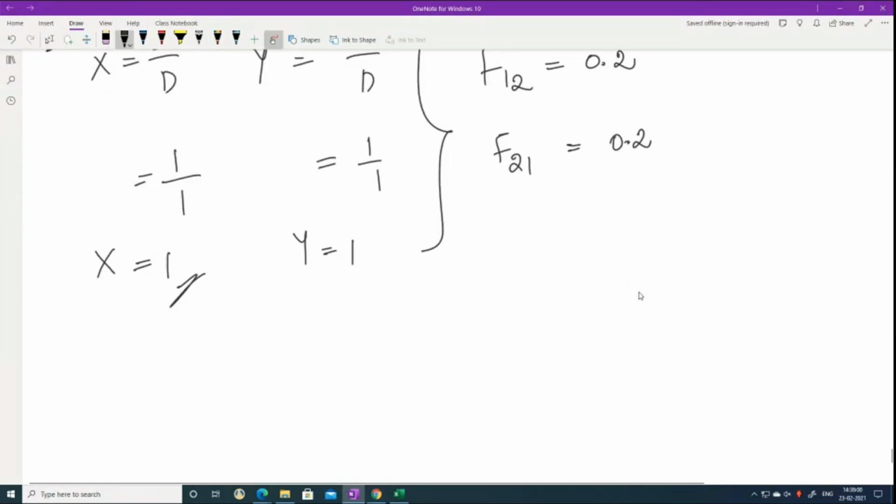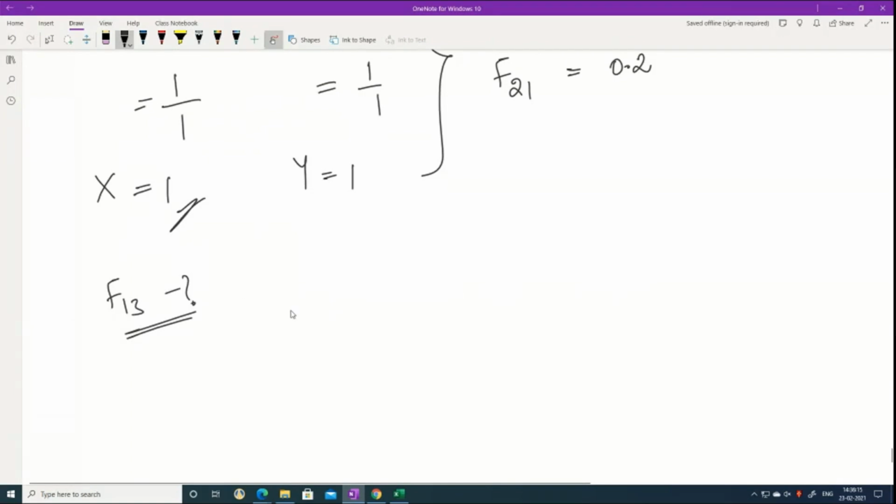If this is the thing, what will be the shape factor F13? Tell me, what happens to F13? How do you find F13? For finding F13, you can use the principle F11 plus F12 plus F13 is equal to 1.